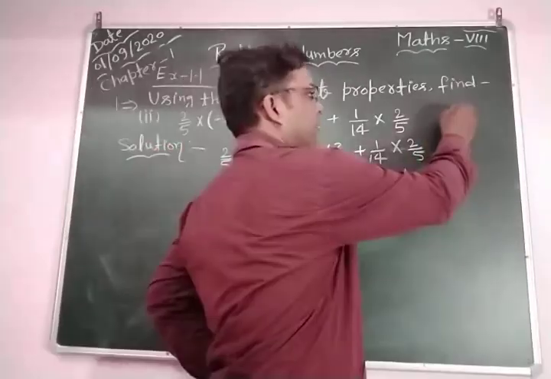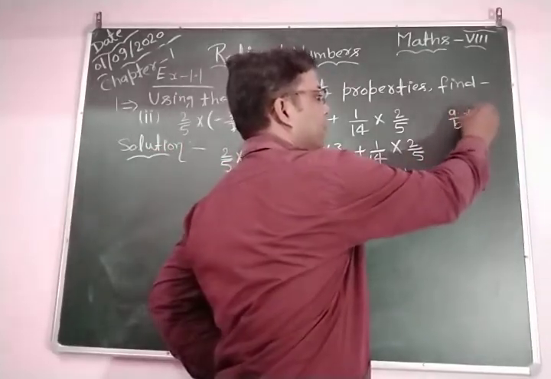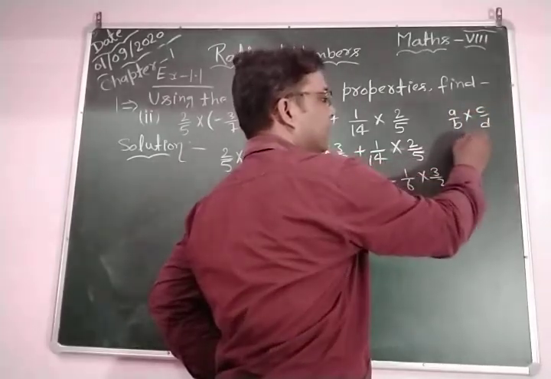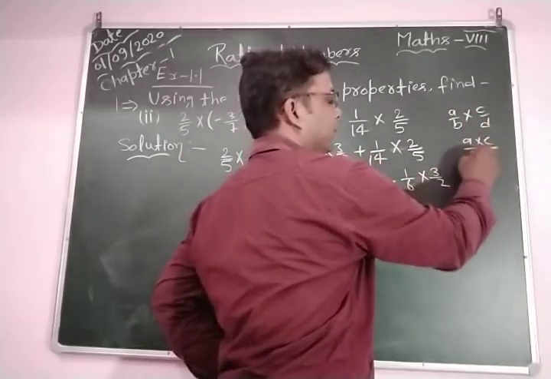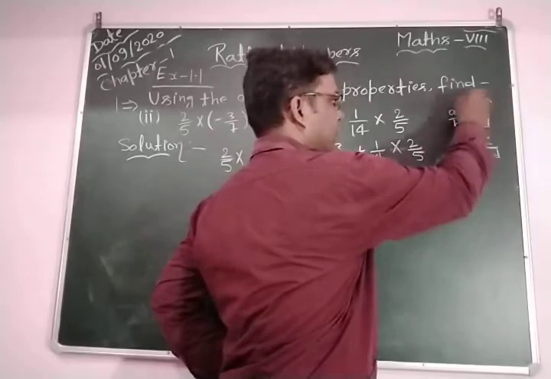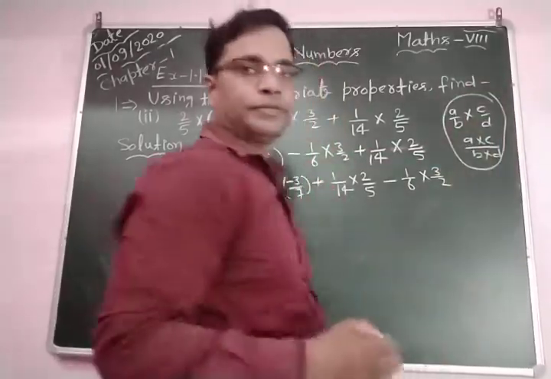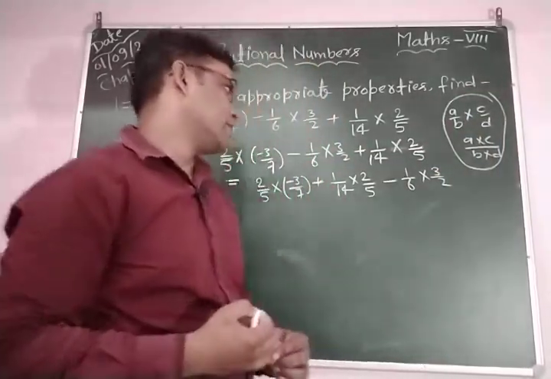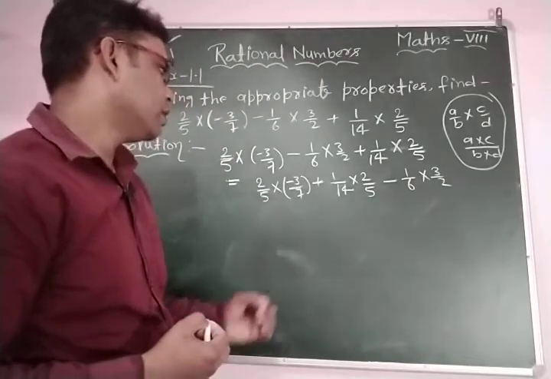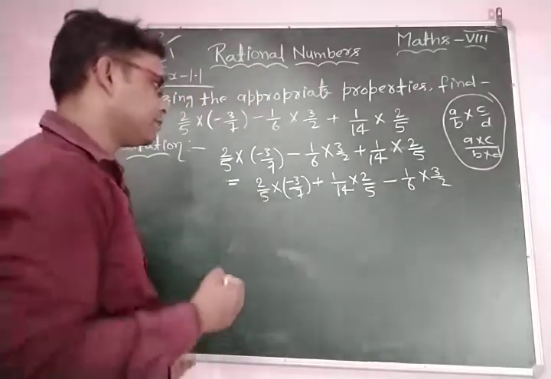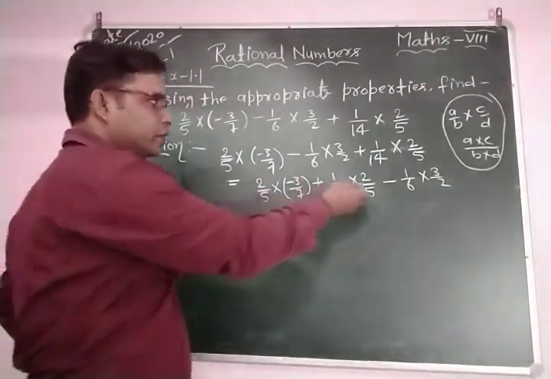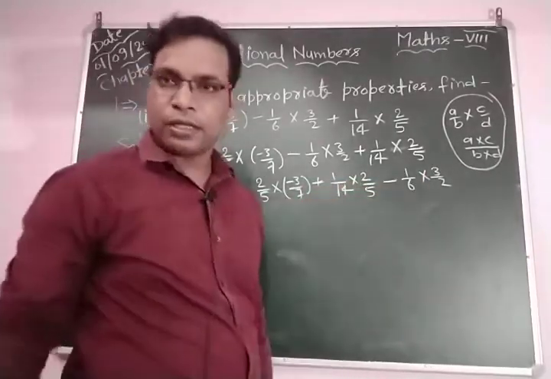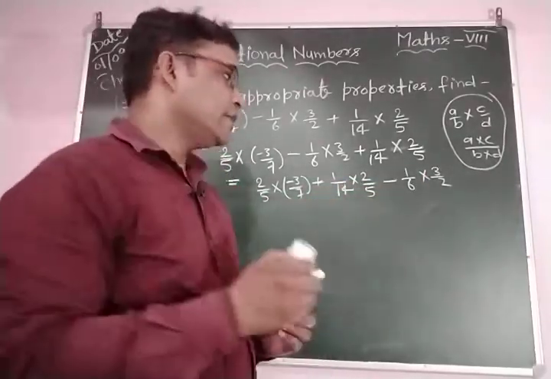If you have a by b into c by d, you can write it as a into c by b into d. This is a multiplication of two rational numbers. Okay, so here we use the commutative law of addition.